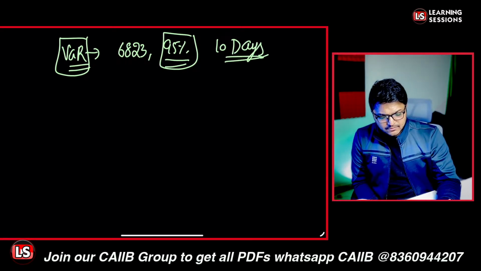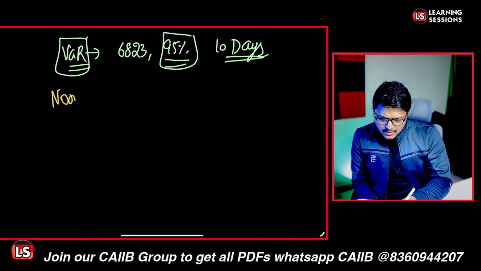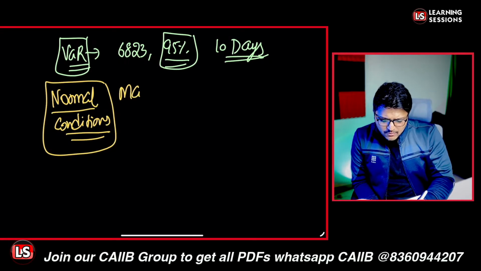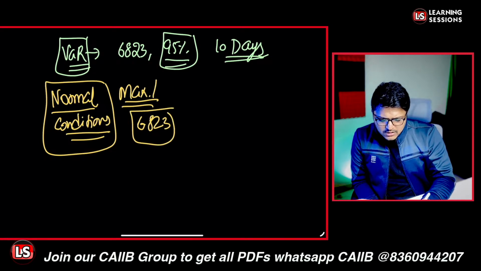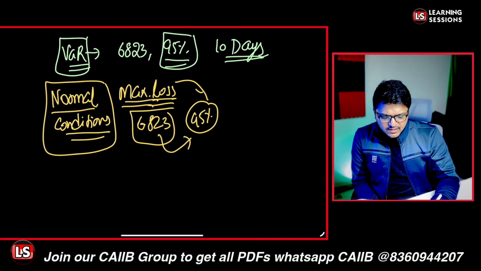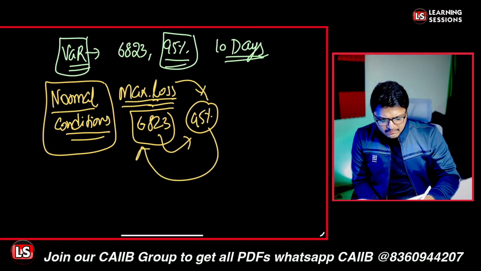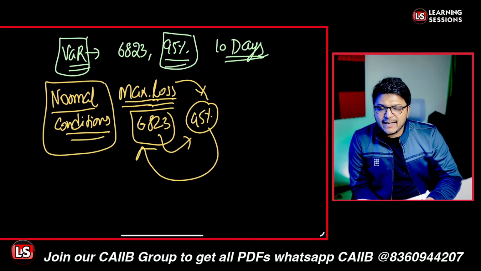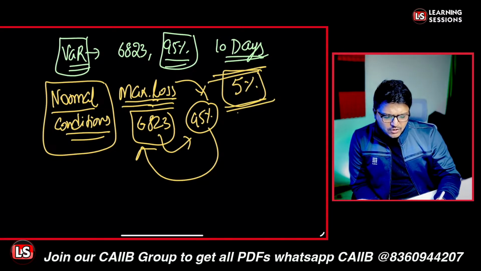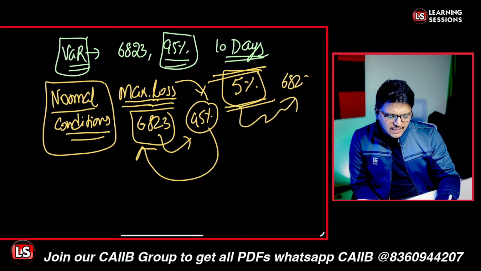It indicates that under normal trading conditions, your maximum loss will go up to 6823 with 95% chances. Out of 100 cases, your loss will be limited to rupees 6823, and only 5% chances are there that your losses will exceed rupees 6823.